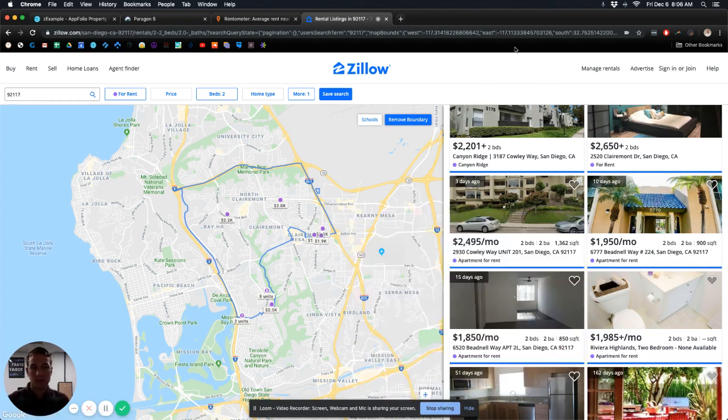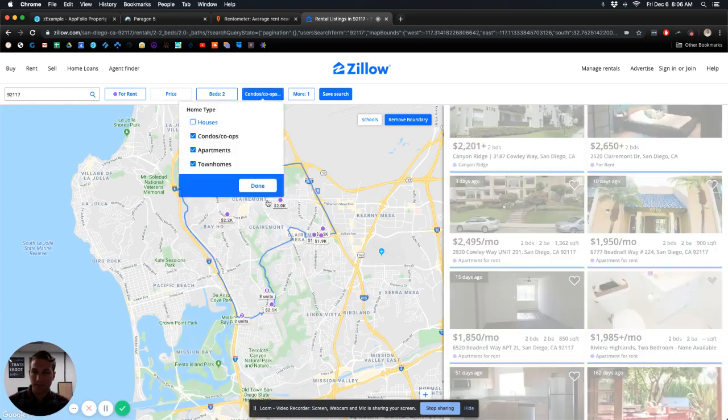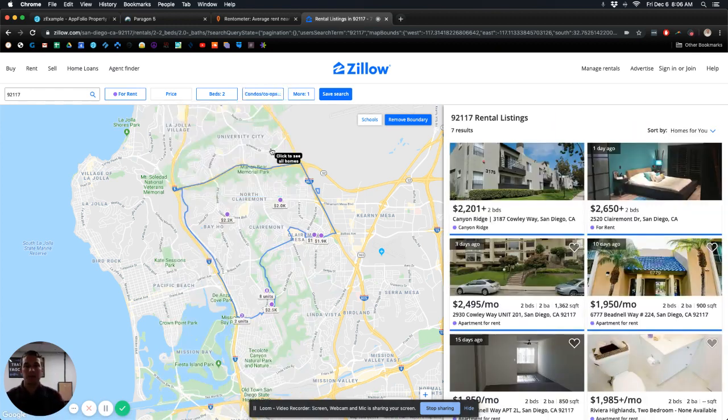Now, if properties are at what you have in mind for top of market and they've only been on the market a few days, that's a good indication the market is really strong in the zip code for similar properties. Just be sure when you're filtering that if it's a 2-bath, you have 2 baths on, or if it's a condo, make sure you take off houses, just so that you're comparing apples to apples. It's brutal to take a comp into consideration when it's a completely different type of property.